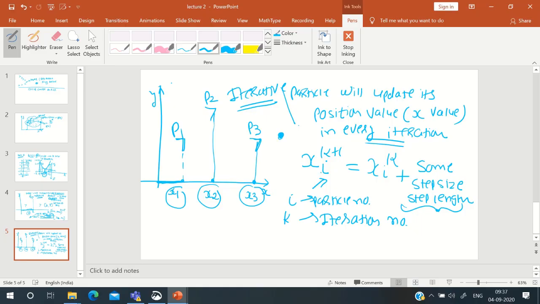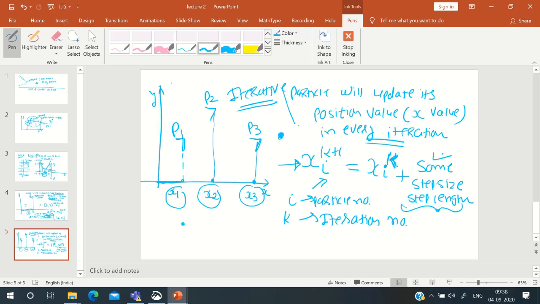So new position, how can we interpret this equation? The new position of the particle in the k plus 1 iteration is equal to the old position of the particle in the kth iteration, the old position in the previous iteration, plus the step length or step size.